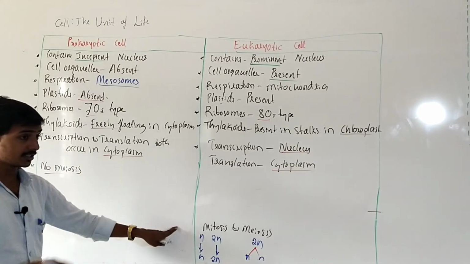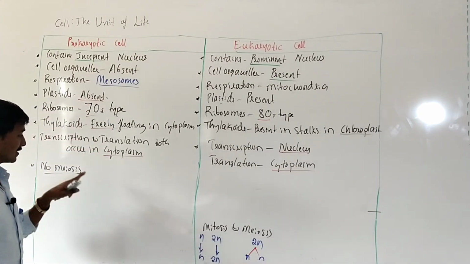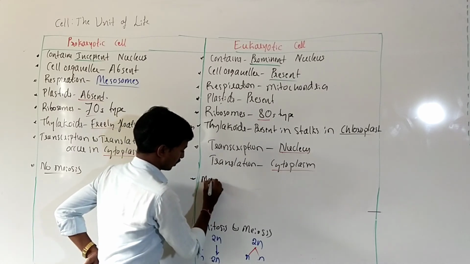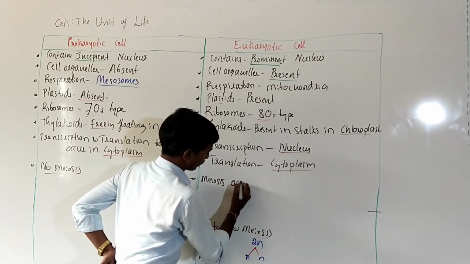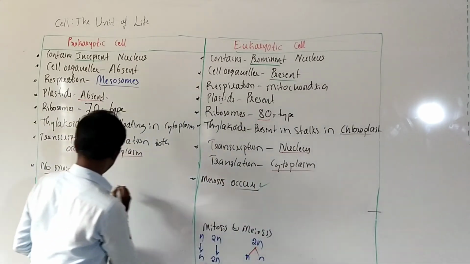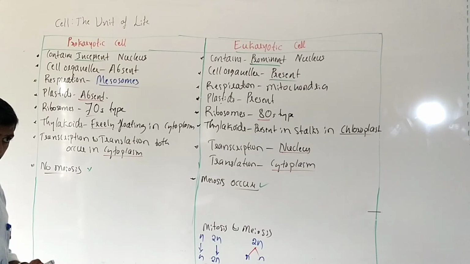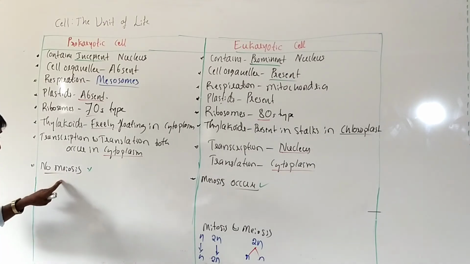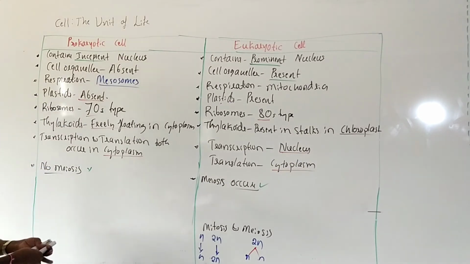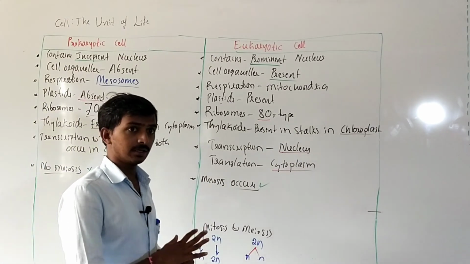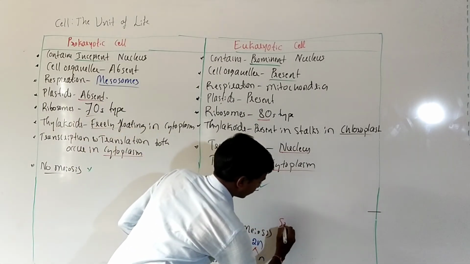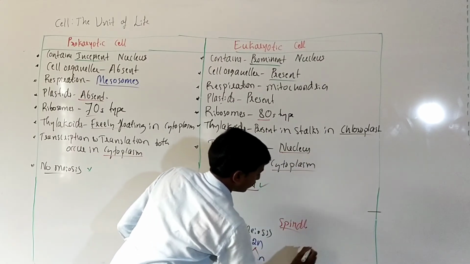Since mitosis occurs in both, it's common. But meiosis does not occur in prokaryotes, while in eukaryotes meiosis occurs. It is present here and absent here. One more thing: what about mitosis in prokaryotes and mitosis in eukaryotes? There's a small difference. During mitosis, mainly during metaphase, anaphase and telophase, there is formation of a spindle or spindle fibers.